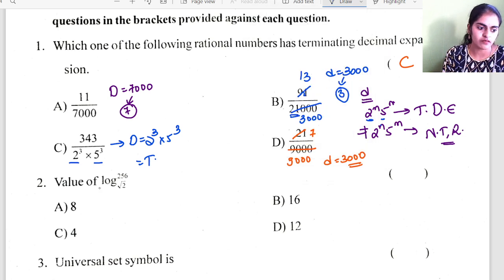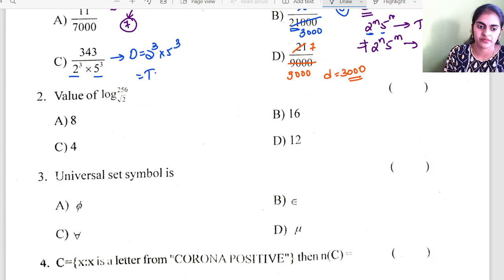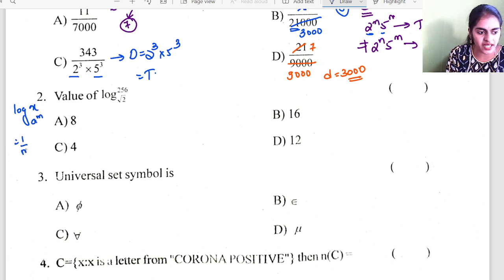Now the next question, the value of log 256 to the base root 2. So we know that log x to the base a power m is nothing but 1 by m log x to the base a.